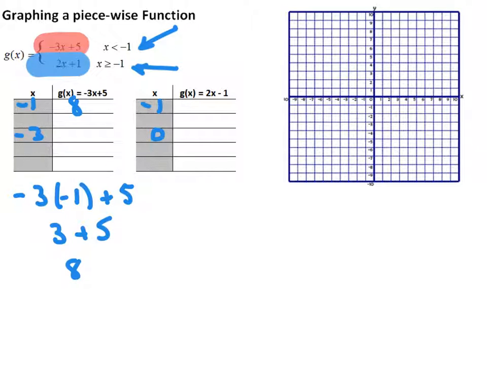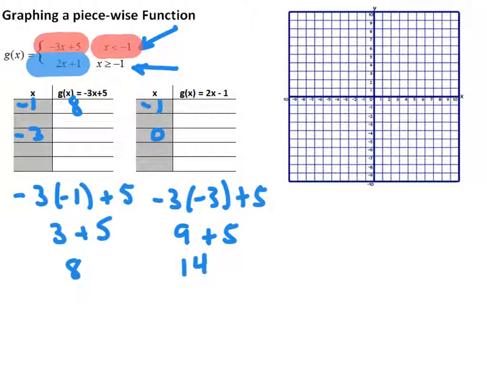And then I'll put in the -3, so -3 times -3 plus 5. This is 9 and 5 is 14. So one of the things I want you to notice too is that this is the values that are smaller than or equal to -1.